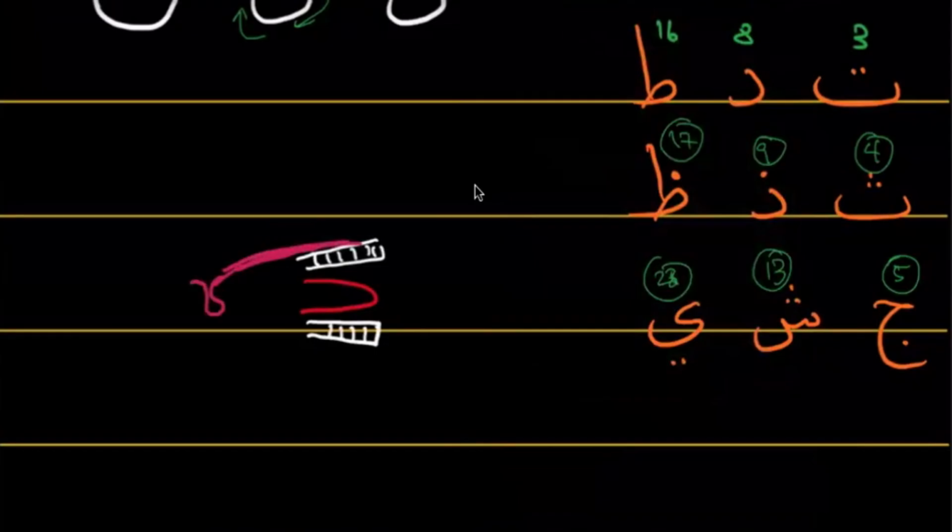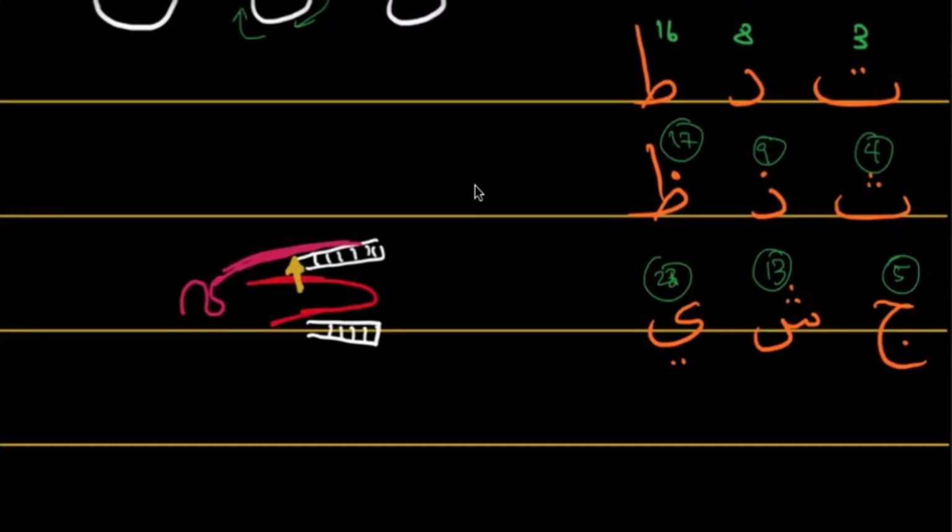Have a little thing for the throat. So this is your tongue here. Jim, sheen, and yeah, they all come from the middle of your tongue. The middle of your tongue goes up to the roof.